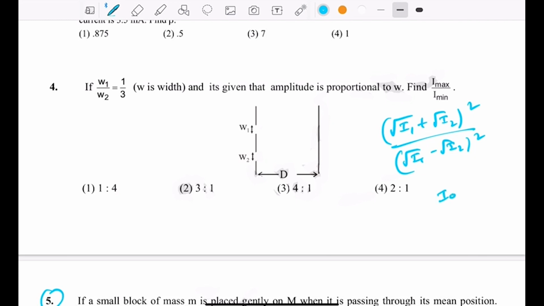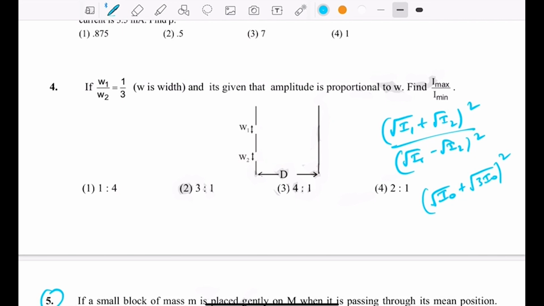So I naught, maximum is root I1 plus root I2 whole square, right? Just one minute, guys.